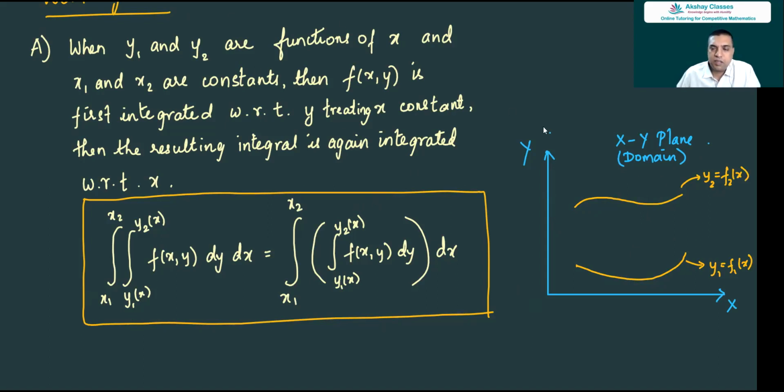Now, the region of integration is x1 to x2. So what we are doing is, in the first step, we are integrating with respect to y. That means we are integrating from y1 to y2.